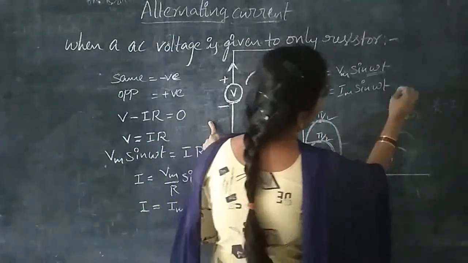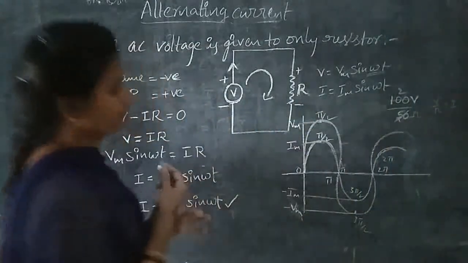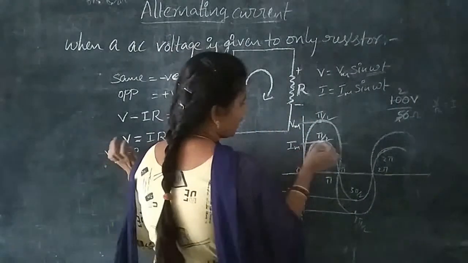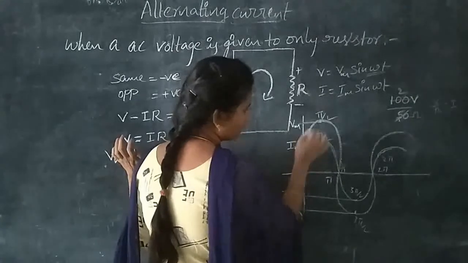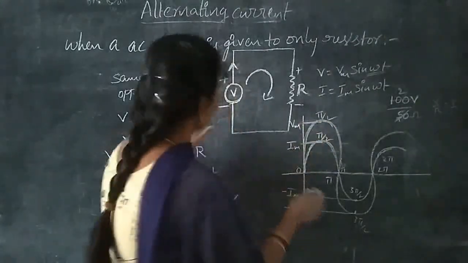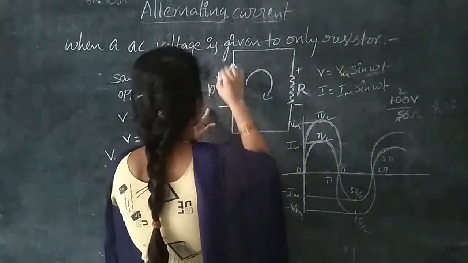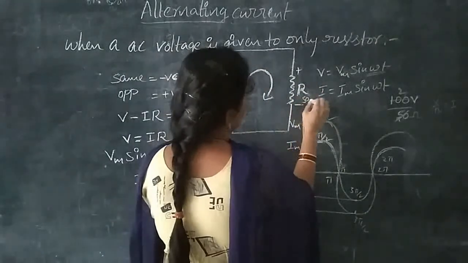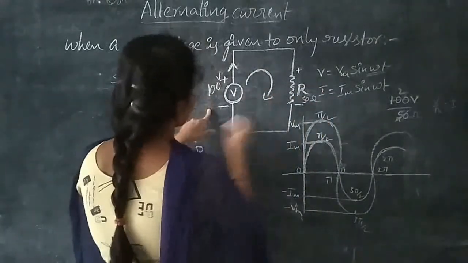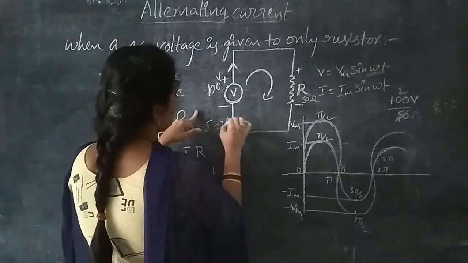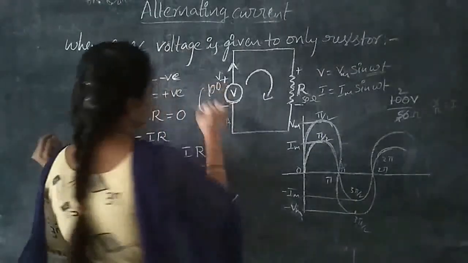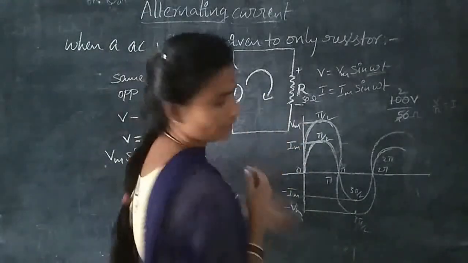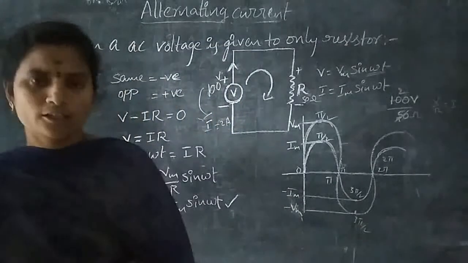Then we get 2 amperes of current. So here I is small compared to voltage. That's why it shows like this. Okay, thank you.